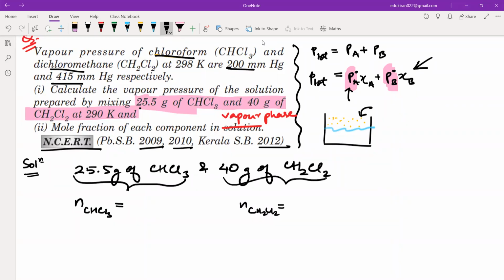This is the given mass divided by the molar mass, and this will also be given mass divided by molar mass. The given mass here is 25.5. What will be the molar mass for CHCl3?